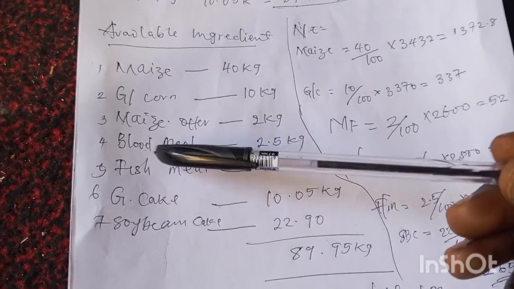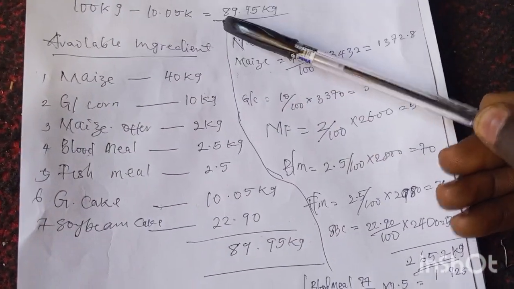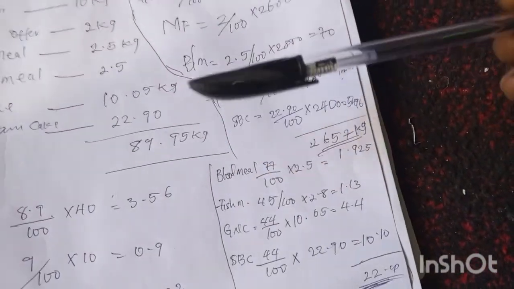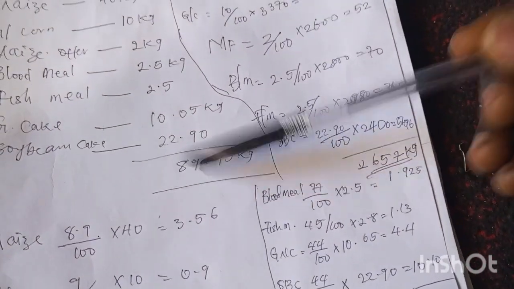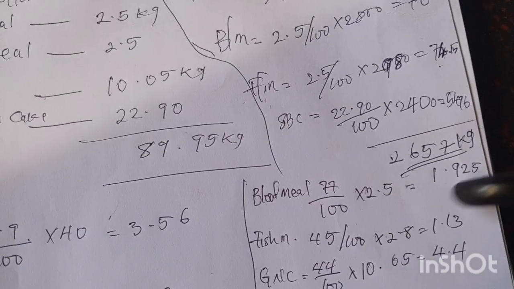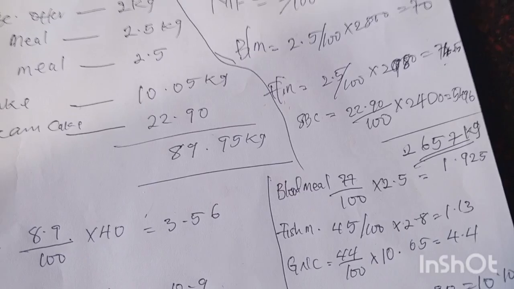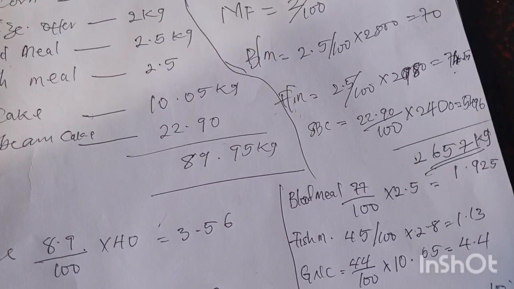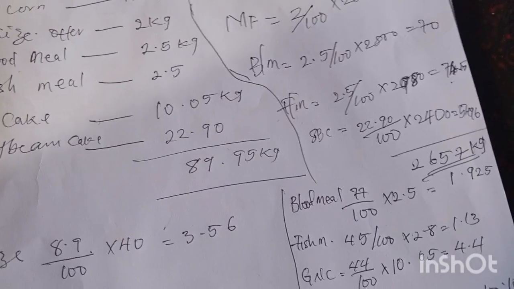So removing some from guinea corn, which is having 10 here, and giving it to palm oil will not change anything in your crude protein, but rather increase your energy level. If you put it that way, the examiner will know that you really know what you are doing, and he will give you your full marks. So I believe this helps a lot.